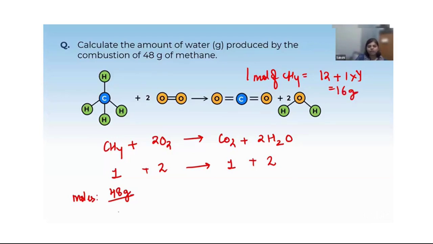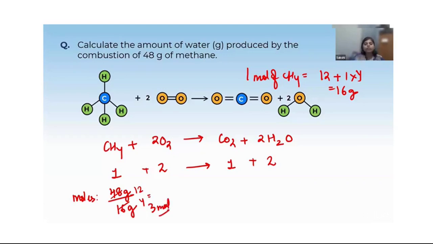So I divide 48 by 16. You can do a simple calculation: we divide by 4. 4 ones are 4, 4 twos are 8, 4 fours are 16. So this is 3. You're correct. We are getting 3 moles of methane.